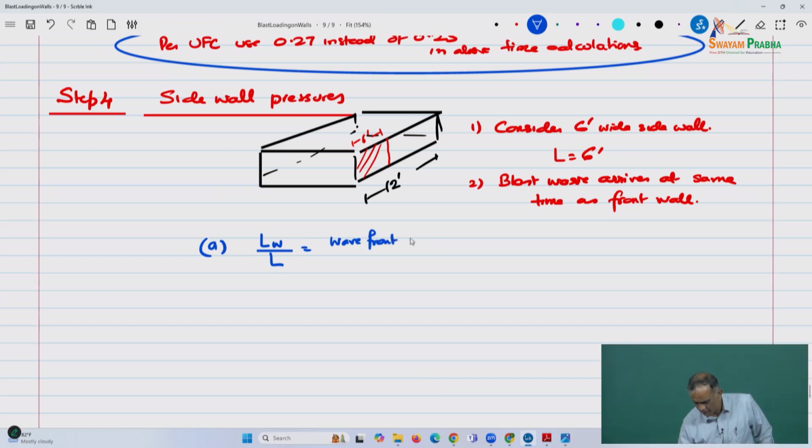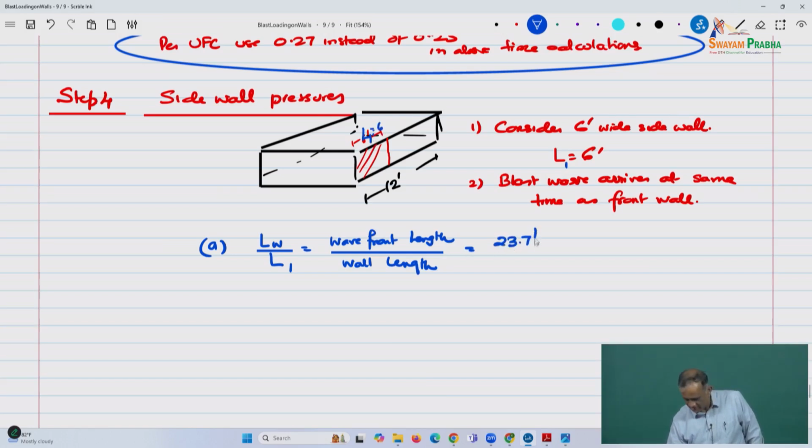That's a better way to call this rather than the blast wavelength. So we said this is L1, and so here it is 23.7 divided by 6.